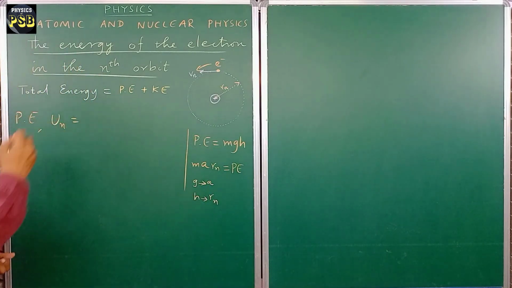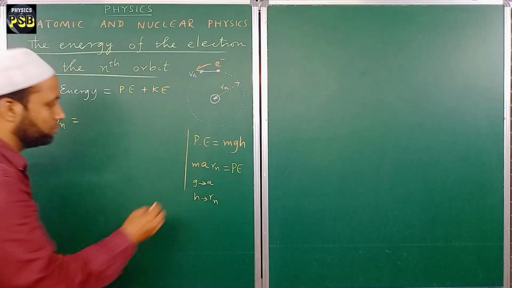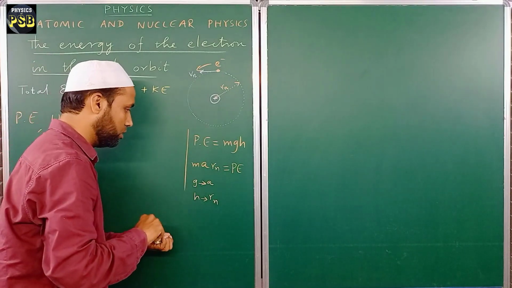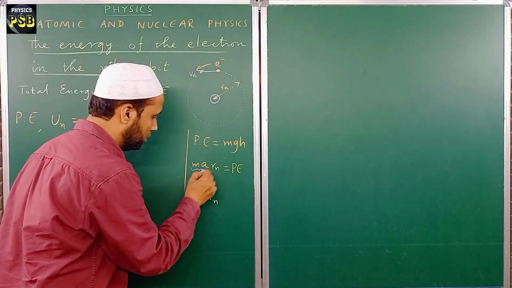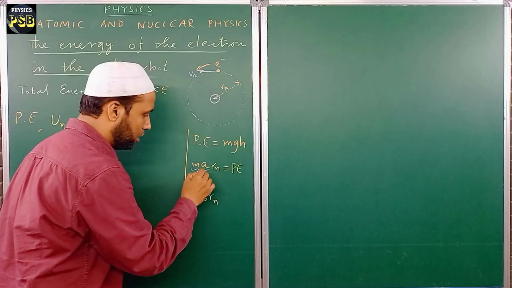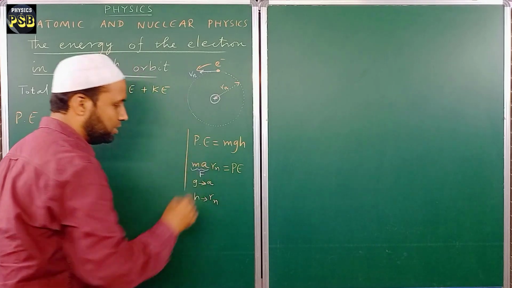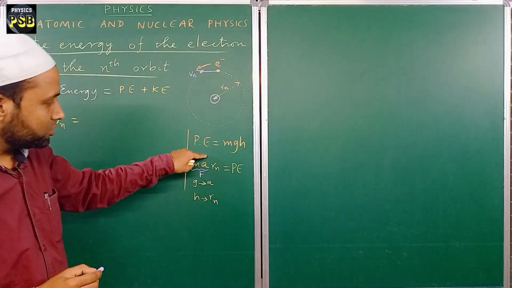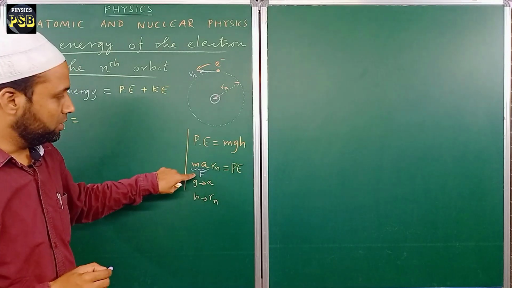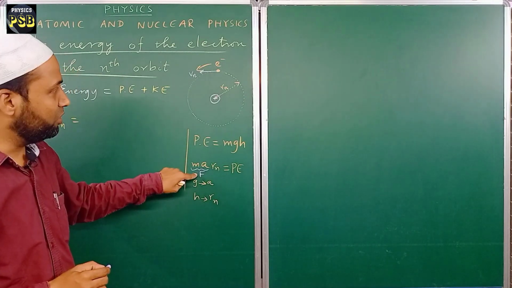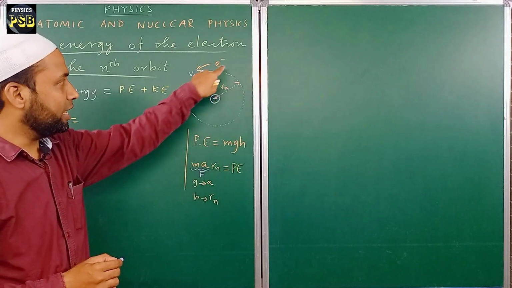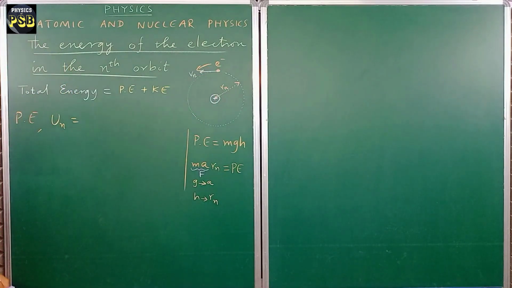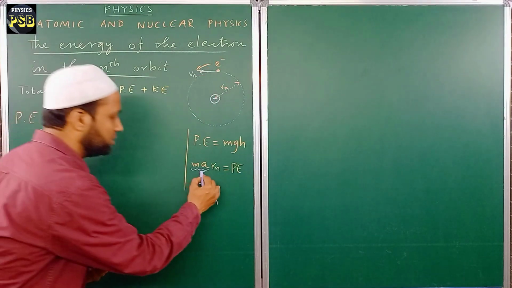Here, ma, actually, according to Newton's second law, the product of mass and acceleration gives us force. The force that acts here between the nucleus and electron is nothing but Coulomb's force.